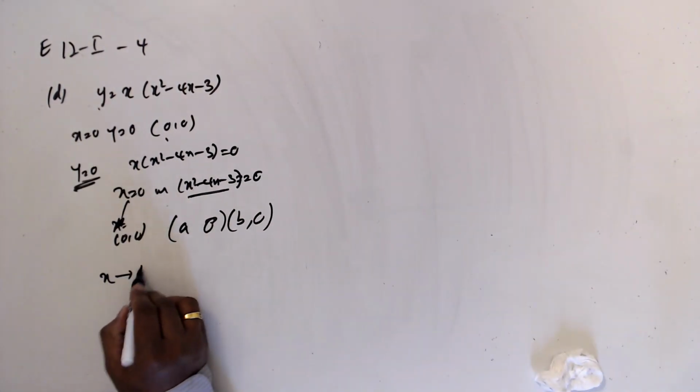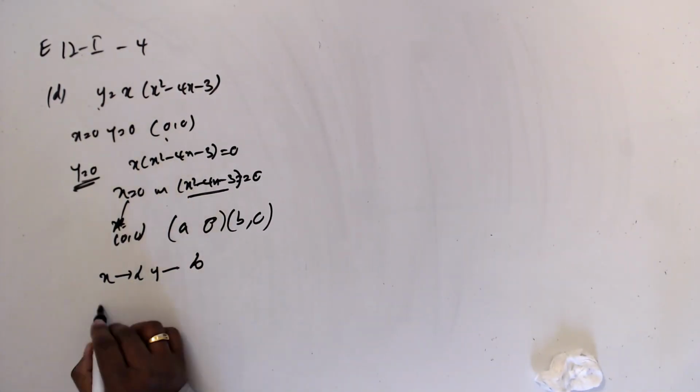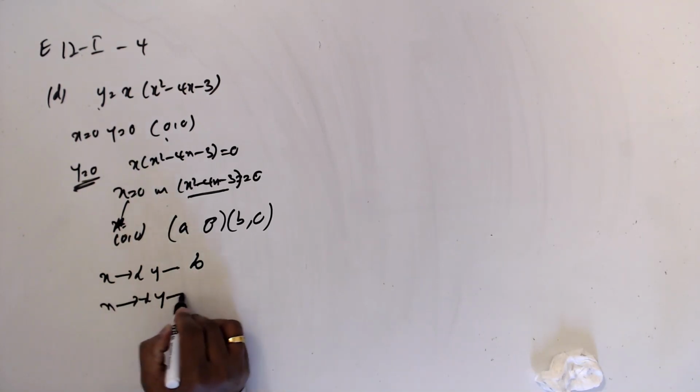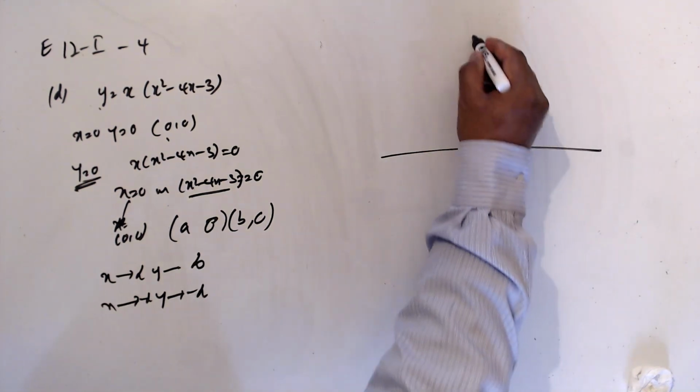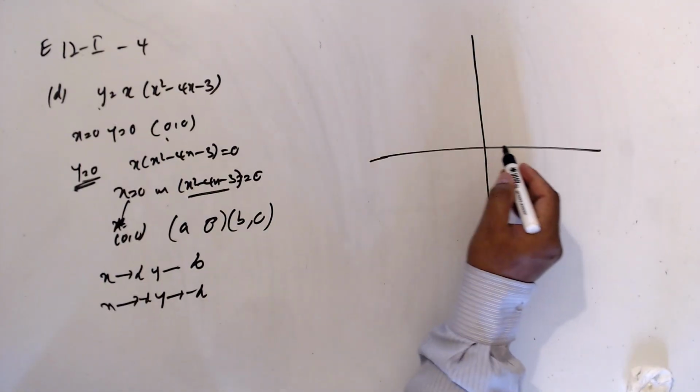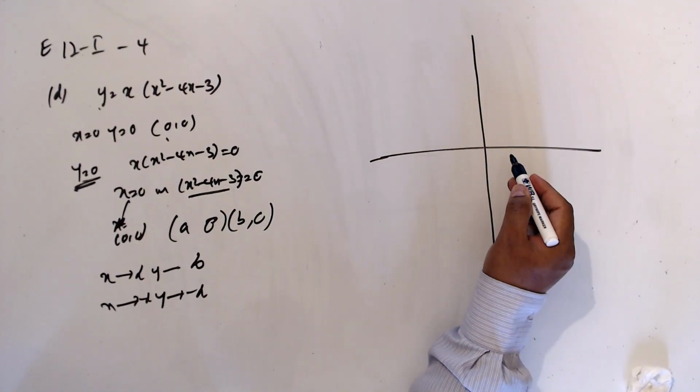As x goes to positive, y goes to positive, and as x goes to negative, y goes to negative. Now you'll get this kind of graph going through (0, 0).